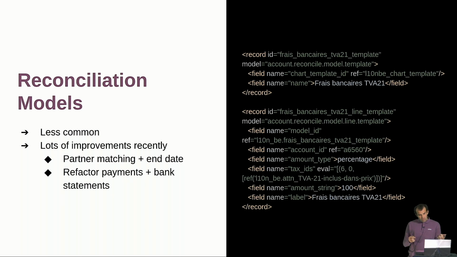And we did the same with payments and bank statement lines, because payments now have an inheritance from account move, and bank statement lines also have an inheritance from account move. This has improved a lot the consistency of the code, and in the meantime a lot of bugs were solved.